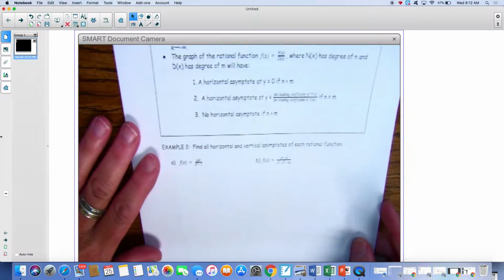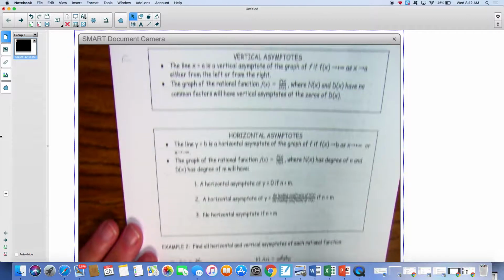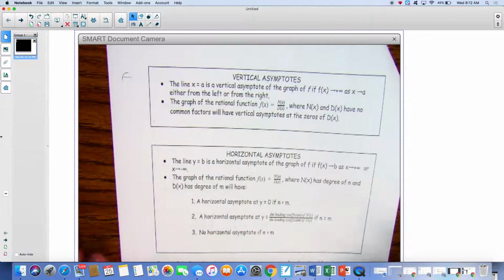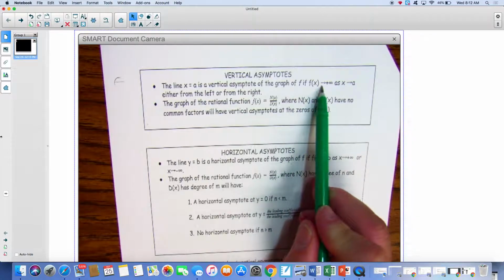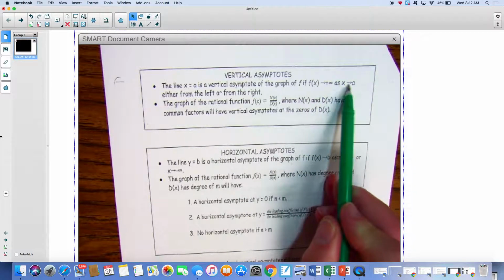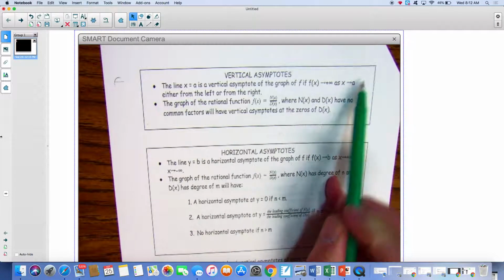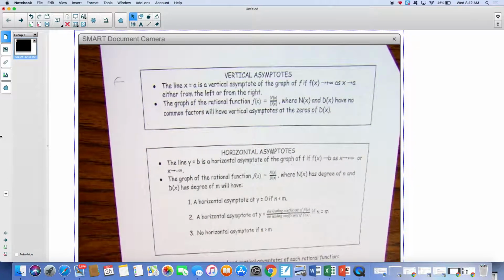So a vertical asymptote. The line x equals a is a vertical asymptote of the graph of f if f(x) approaches infinity as x approaches a, either from the left or the right.